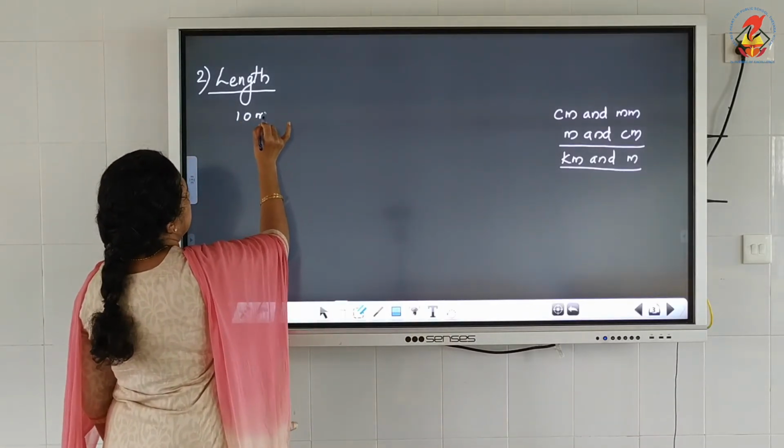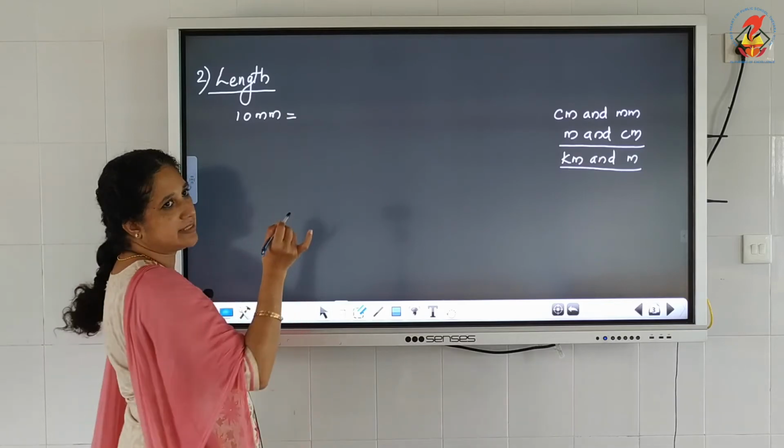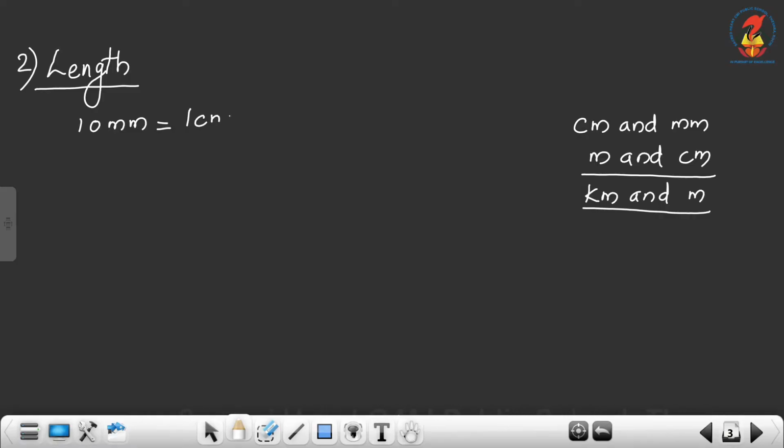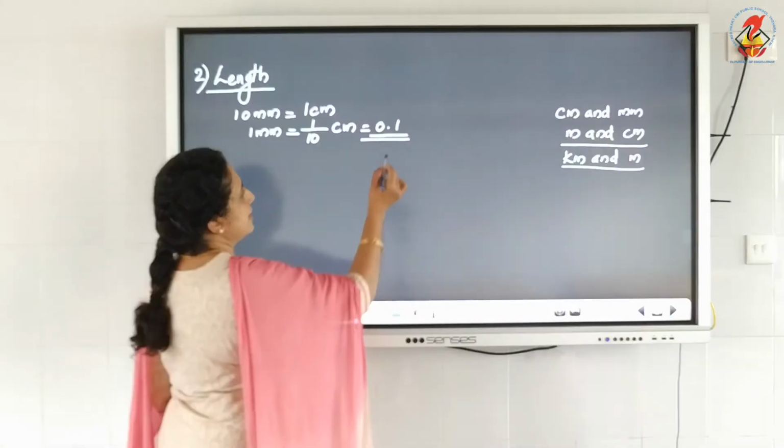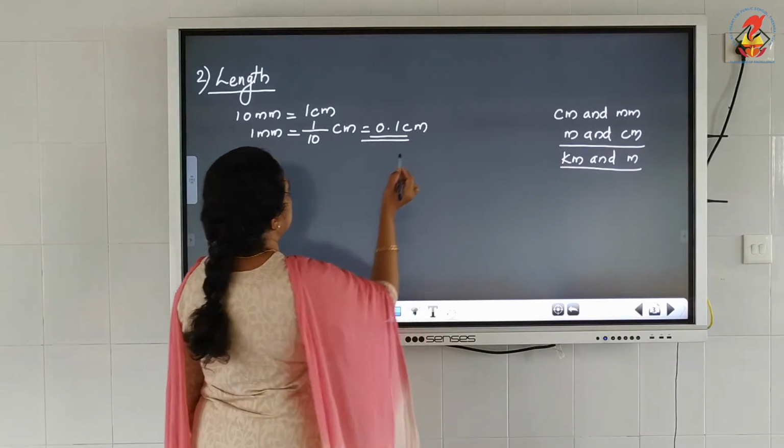Then we know that 10 millimeter is equal to 1 centimeter. Therefore 1 millimeter is equal to 1 by 10 centimeter. And 1 by 10 centimeter means it is 0.1 centimeter.